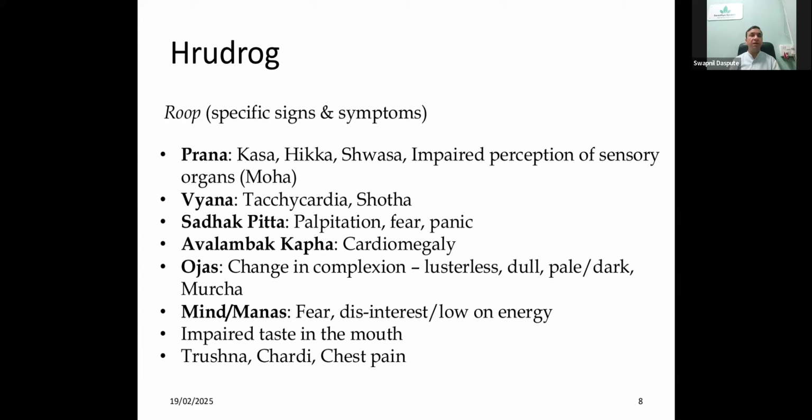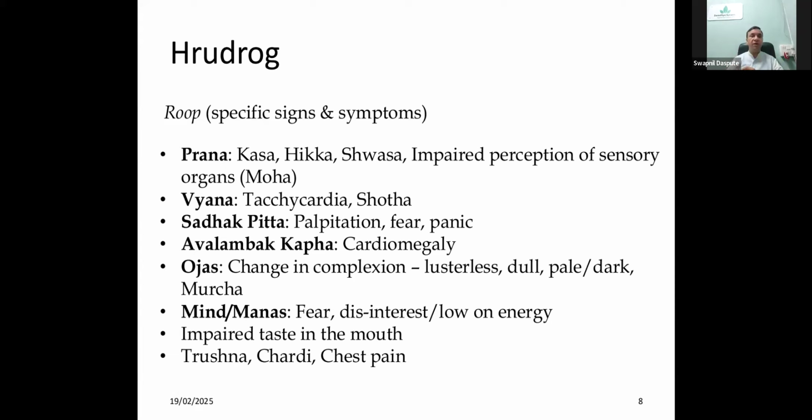Avalambaka kapha, cardiomegaly. Avalambaka kapha holds the muscles of the heart together, compact, and gives it strength. When there is abnormality of avalambaka kapha, there will be laxity in the muscles.